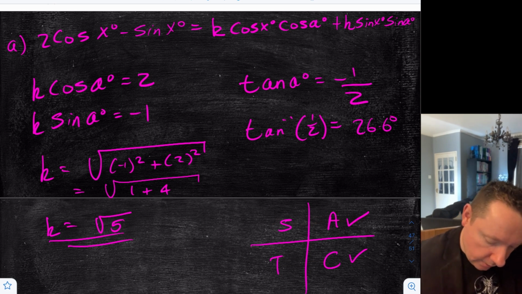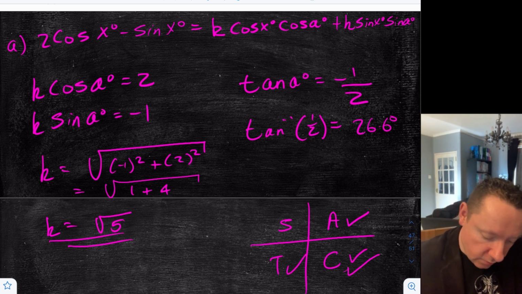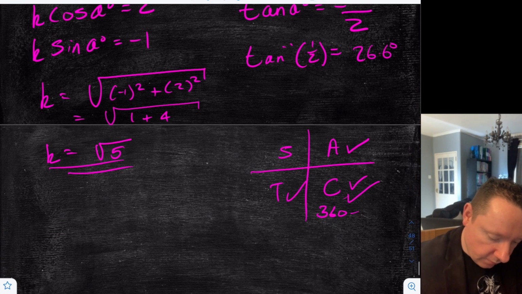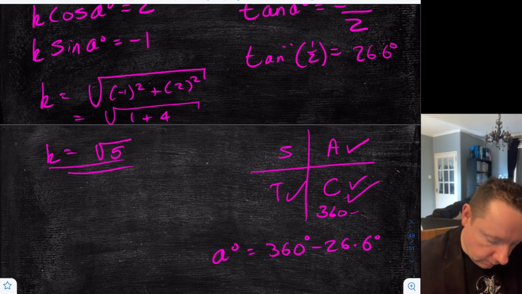So it's T and C, and therefore it's in the fourth quadrant. So that is 360 minus the angle. So I can say that A equals 360 minus 26.6 degrees, which is 333.4 degrees.